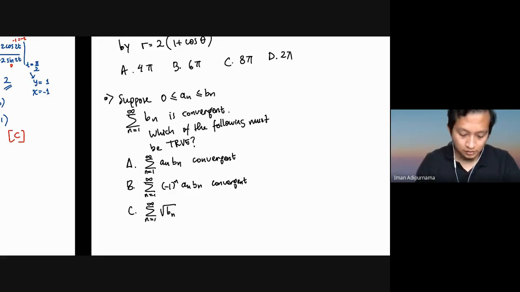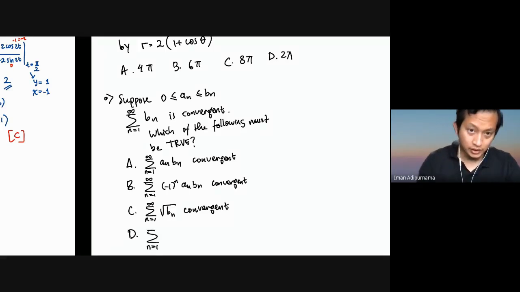So again, this has more than one answer, and it's a little bit tricky.